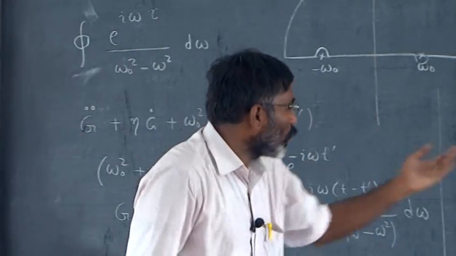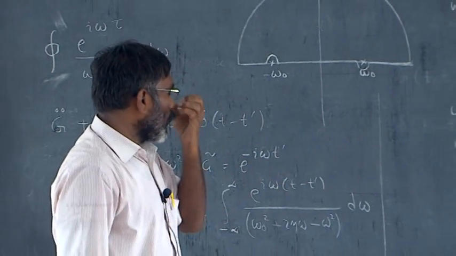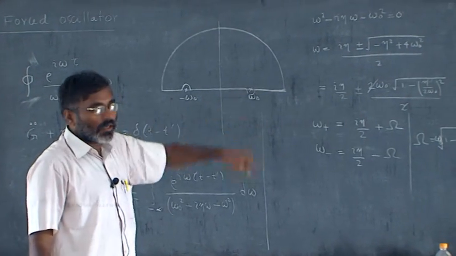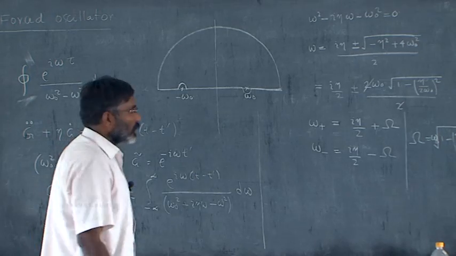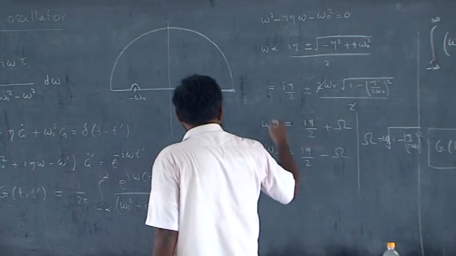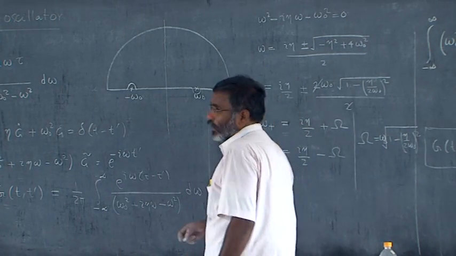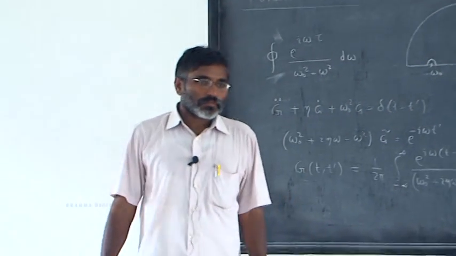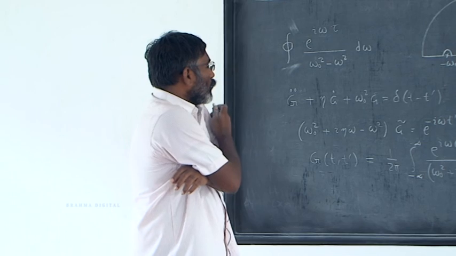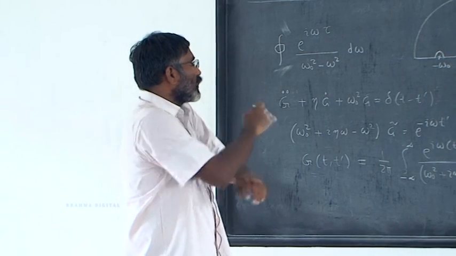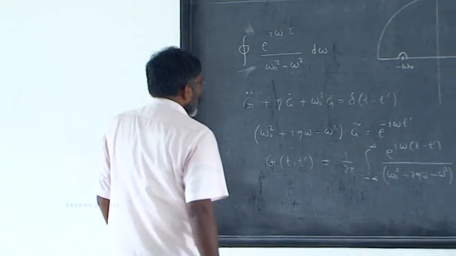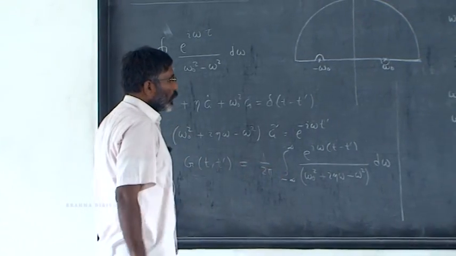Similarly, just before plus omega naught, you pick up a detour. So it is because of the presence of this eta that you have complex roots. Okay, so this is just to give you a physical meaning of taking this detour, and you can solve this problem in the same way.